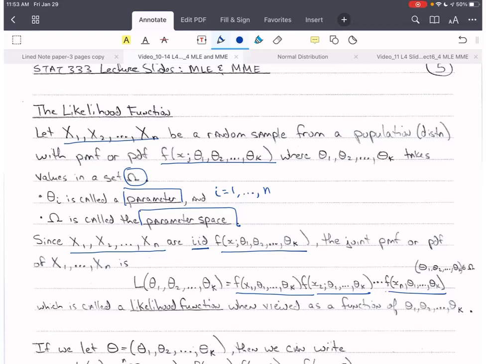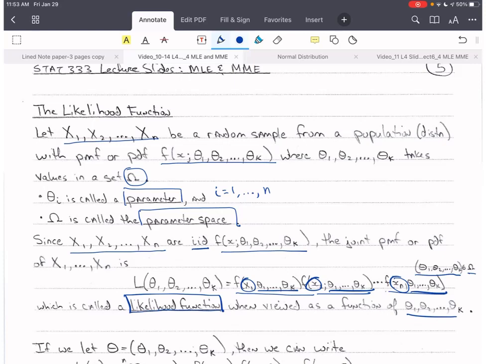Okay, so here I have x1, and then theta 1 to theta k. Here I have x2, theta 1 to theta k, all the way up to xn, theta 1 to theta k. And again, theta 1 to theta k are in the set sigma, the parameter space. Okay? And when we view it as a function of the thetas, the parameters, we call it the likelihood function.